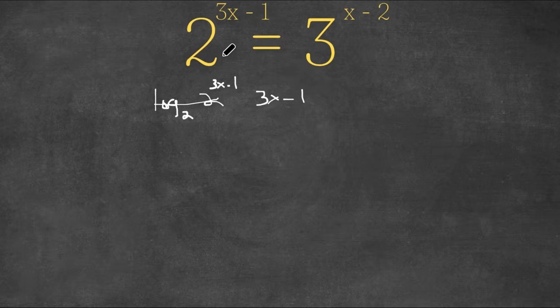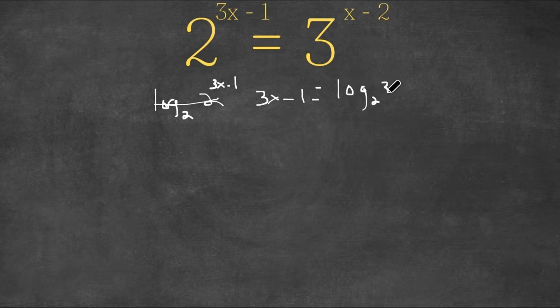However, what we do to one side of the equation, we have to do to the other side. Meaning, we're going to have to take the log with subscript 2 of 3 to the power of x minus 2 as well. All right, so now we're going to use an important property of logarithms, and that is the power property.